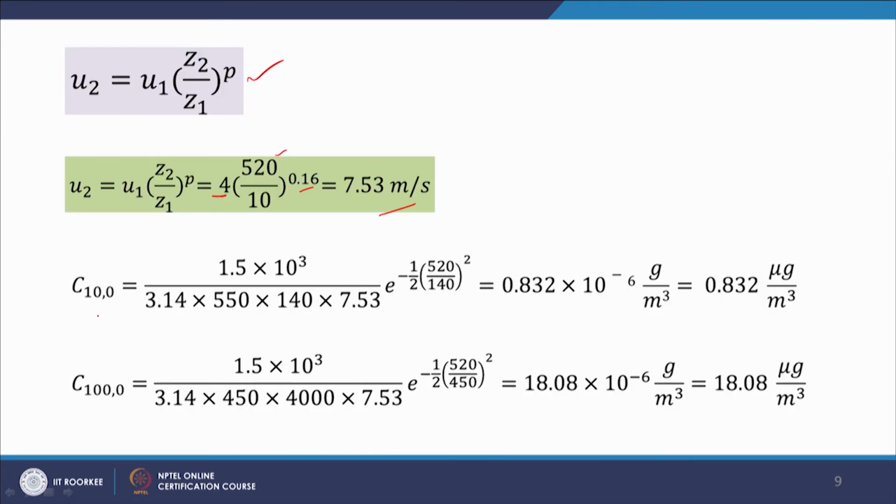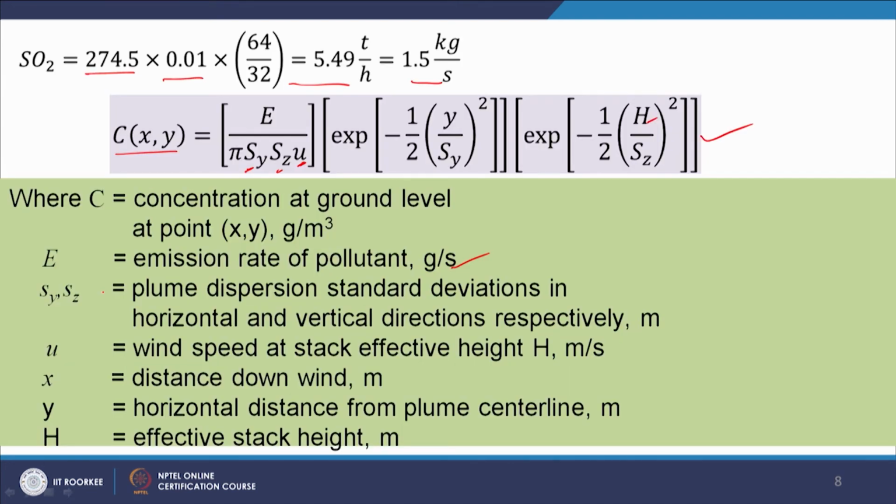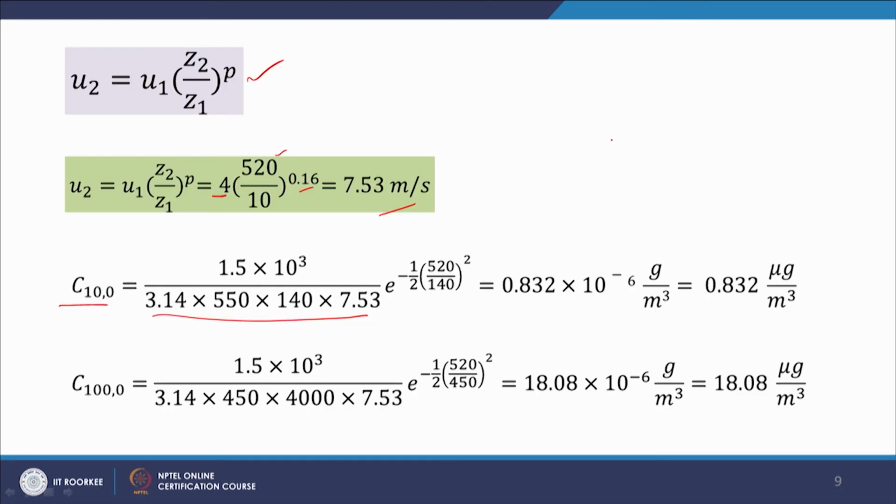So, C at 10 kilometer distance, what will be the C, this one. So, 1.5 into 10 to the power 3. So, this one e to the power minus this; in this case y is equal to 0. So, this term will be 0, this will not be there. So, only this term is there, the 520 H value.